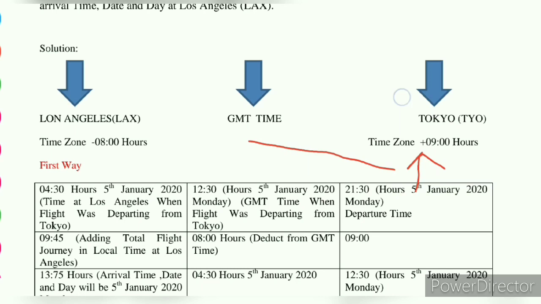So when the flight is taking departure, the departure time is 21 hours 30 minutes, and we know that Tokyo is ahead of GMT. If we want to calculate the GMT time, we have to go back 9 hours to find out the GMT time, because GMT time will be less than the time of Tokyo.